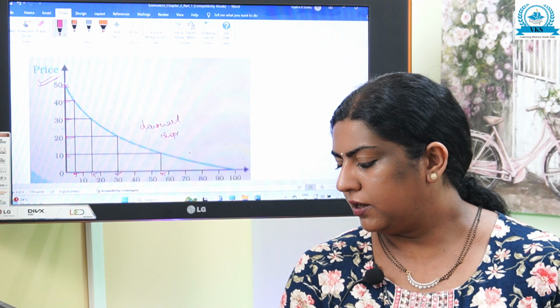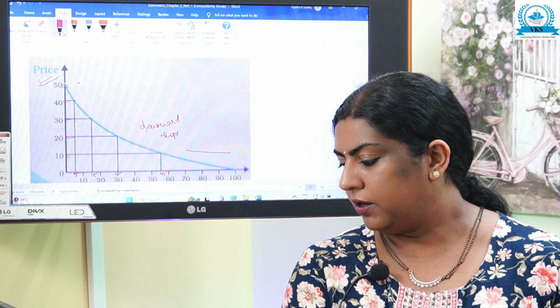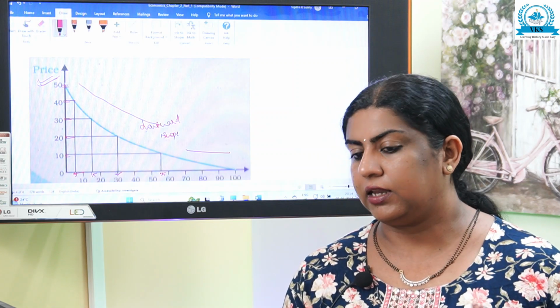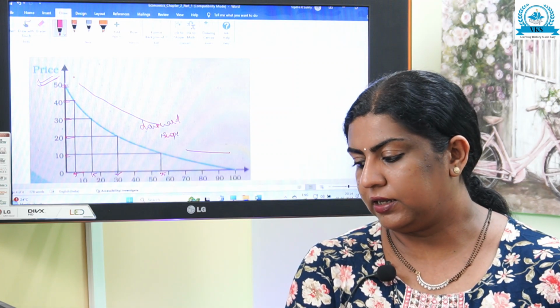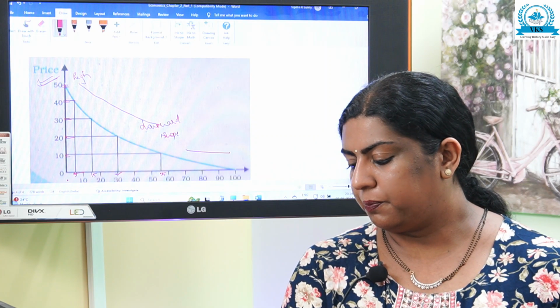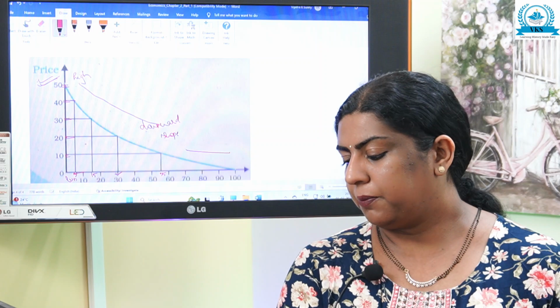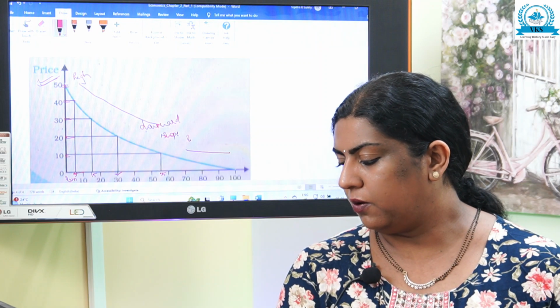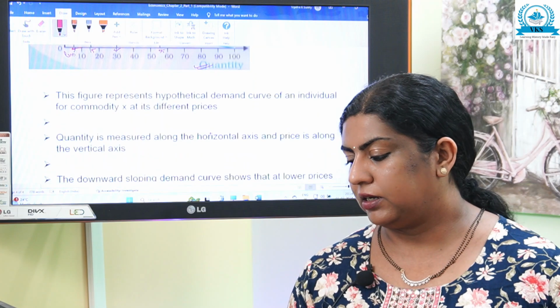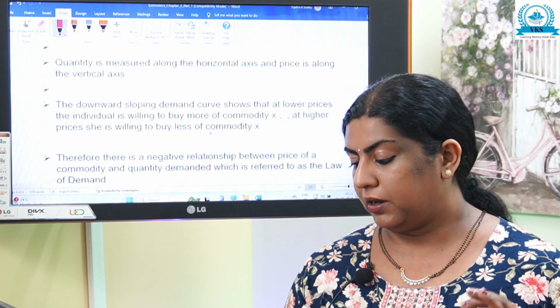The slope is like this, downwards, coming down from the top. This downward sloping curve shows that when the price of the commodity is high, people will want to purchase less. When the price of the commodity is low, people want to purchase more of the commodity. That is called the demand curve.